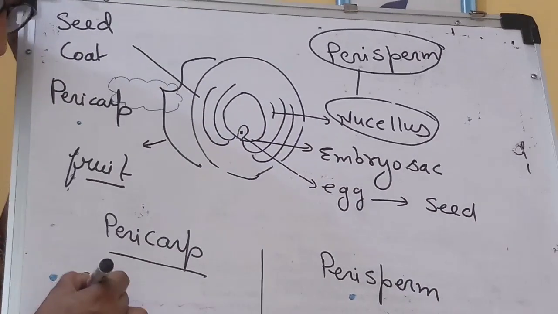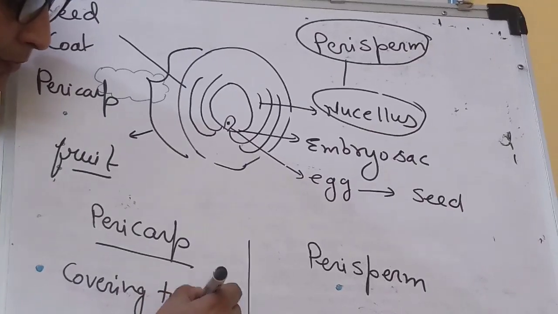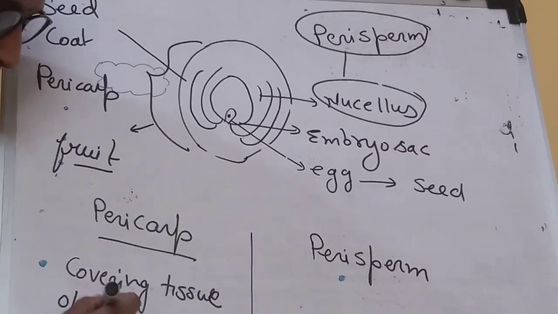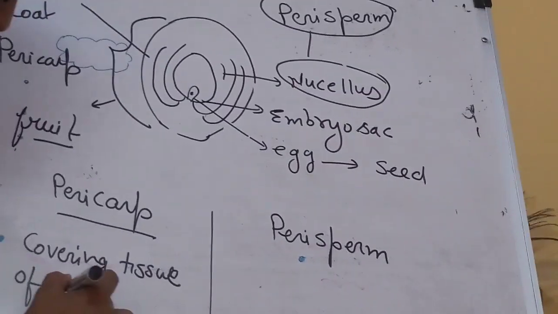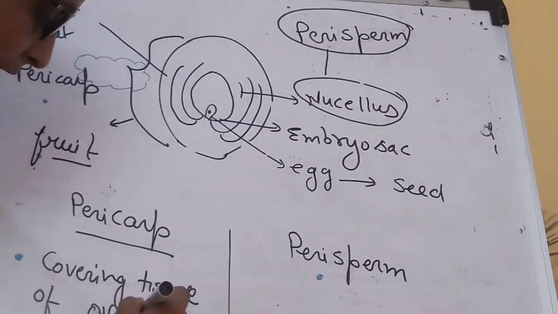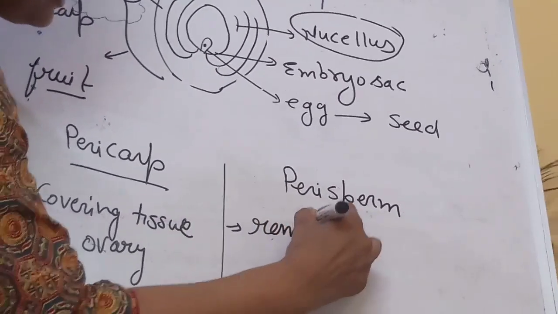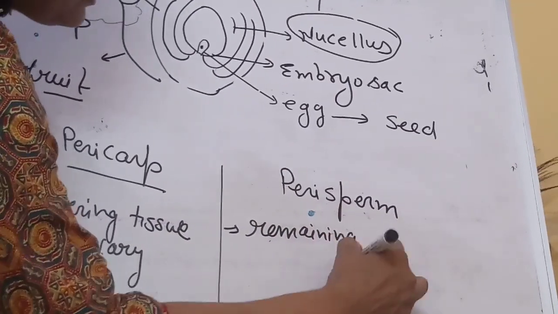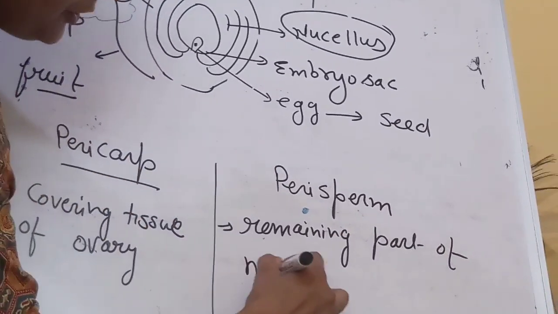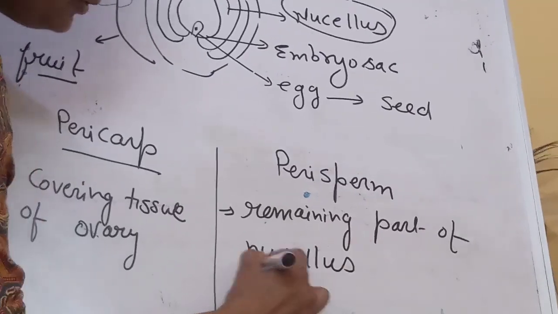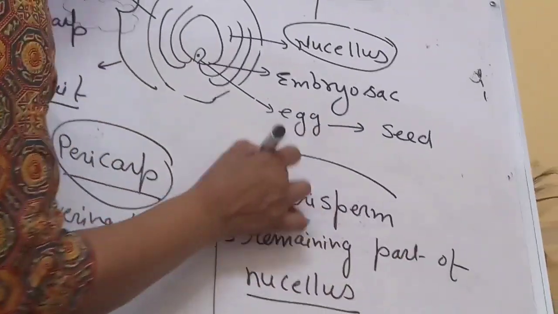Pericarp means the covering tissue of the ovary. Perisperm means the remaining part of the nucellus. So this is a very important thing.